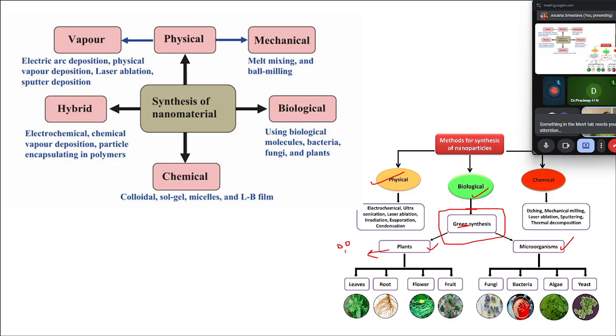Apart from that, a lot of microorganisms are also currently being used as cargo for drug delivery, such as virus-like particles or viral nanoparticles. In that case, the infectious material from the virus is removed and whatever is left behind, this cargo, is used as a nanoparticle in which you load different drugs, for different nanoparticle-based applications. We'll be looking at all of this in a little detail.